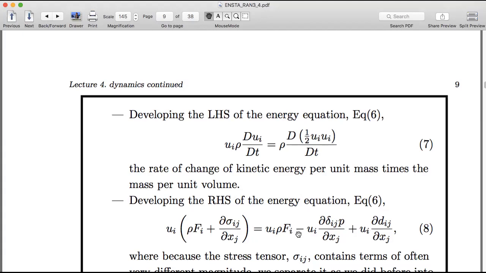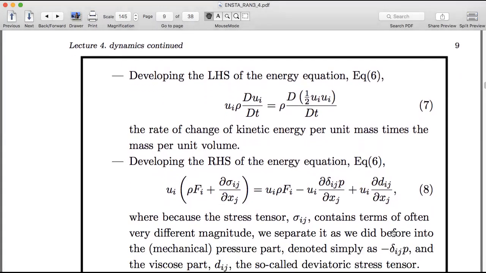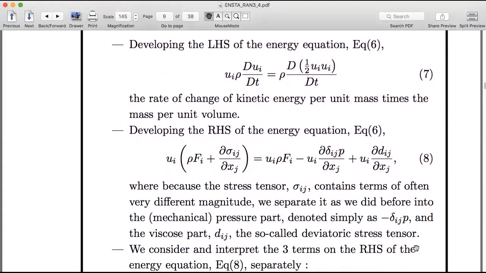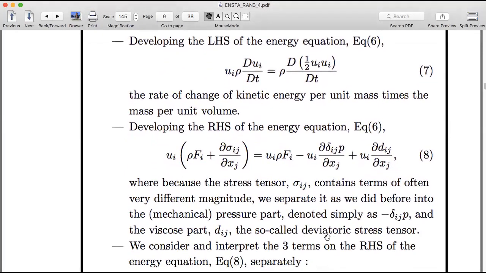And with the minus sign, right, because pressure works in the opposite direction or pushes down the pressure gradient. And then if this doesn't ring a bell, you can look up when I introduced the so-called deviatoric stress tensor, Dij.